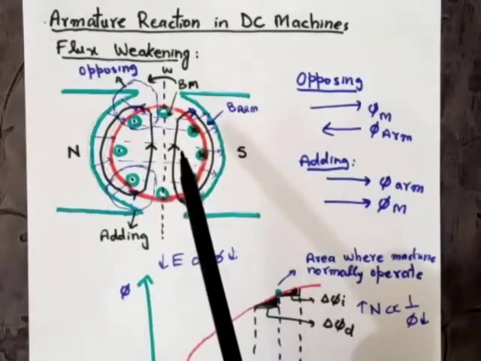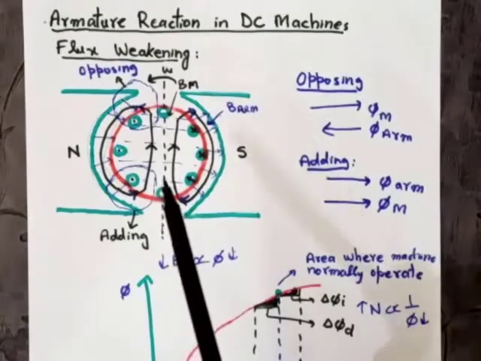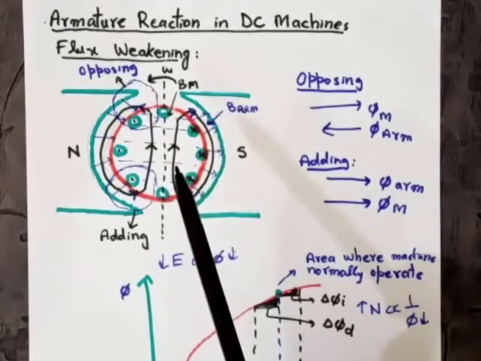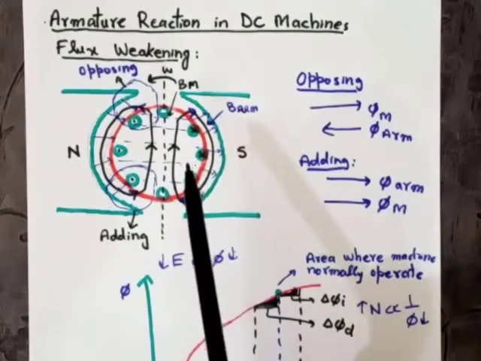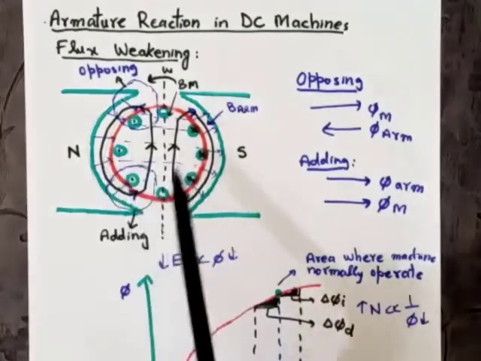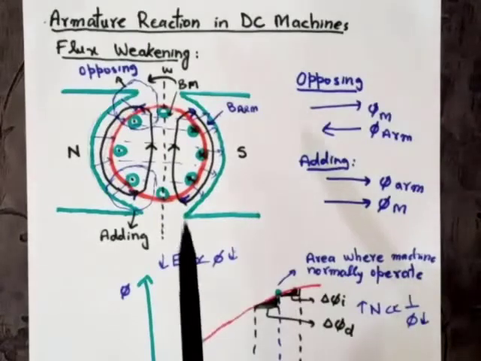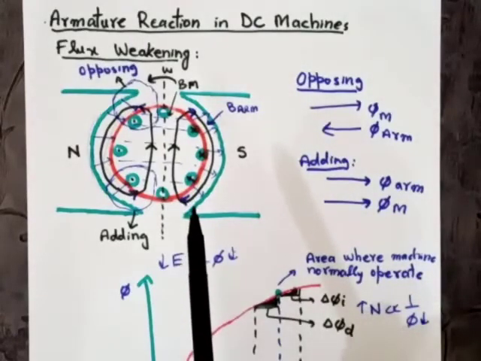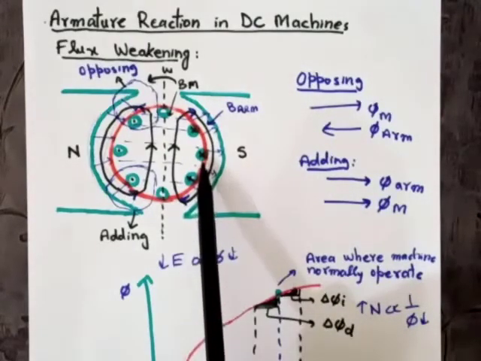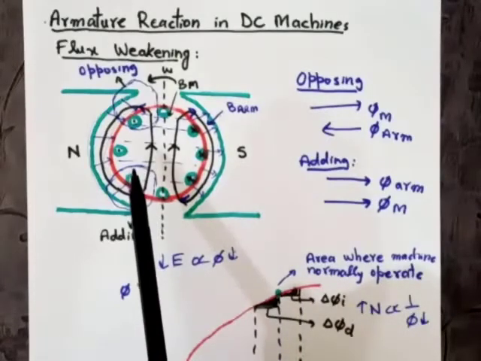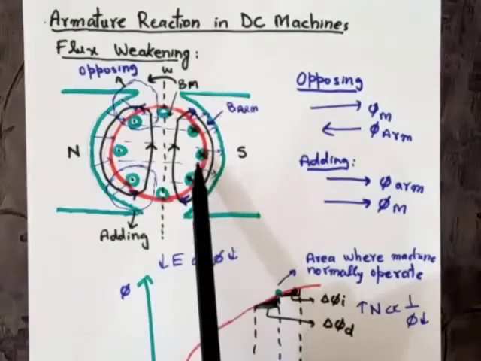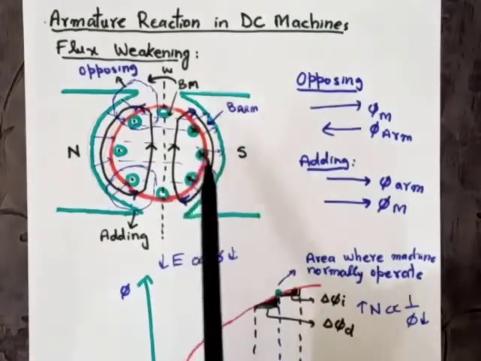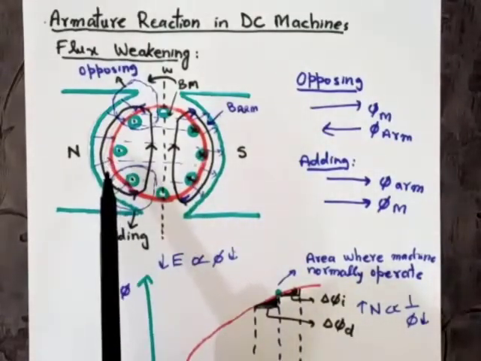This is valid for a motor as well. Here the direction of the current is outward, and here the direction of the current is inward. Cross means inward and dot means outward.